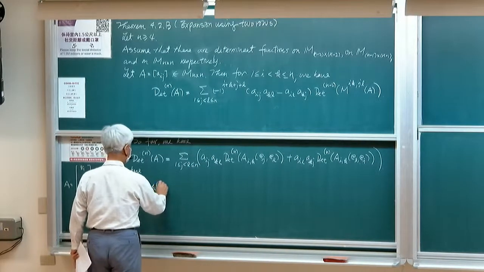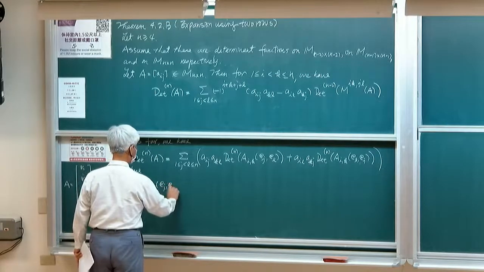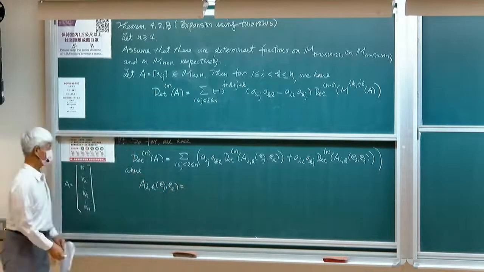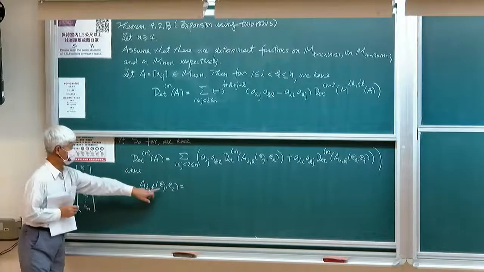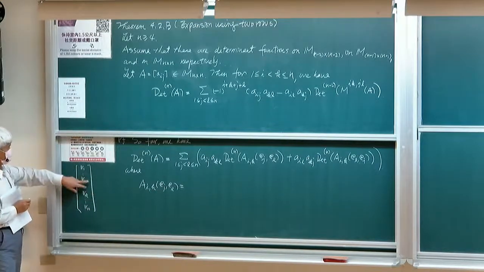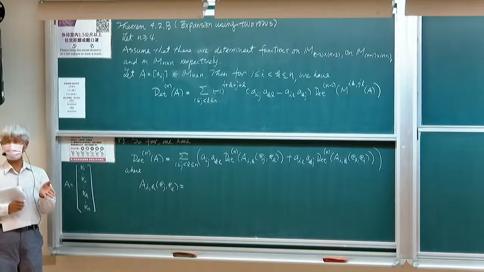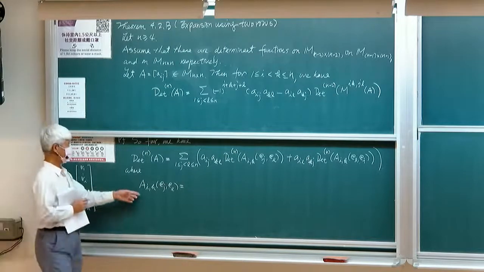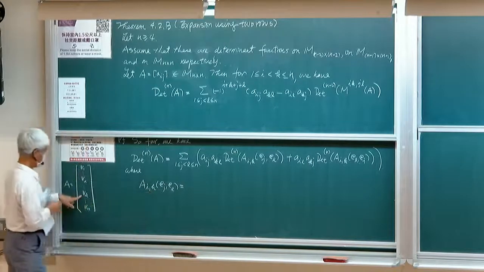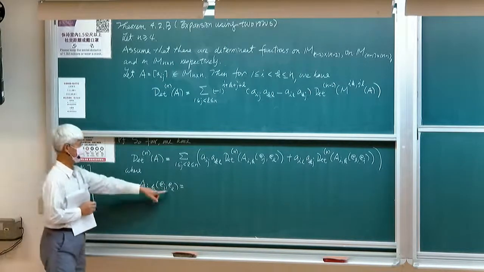Okay, if A is here, then what is A_ik(e_j, e_l)? Well, you replace the i-th row of A, Ri, by e_j. e_j is just the j-th standard unit vector, okay? And you replace the k-th row of A by e_l, okay?